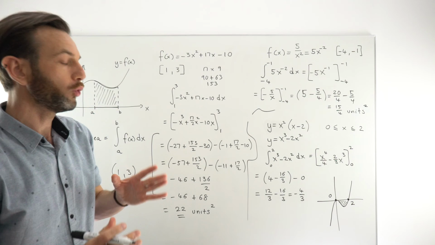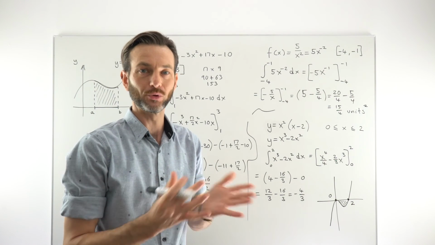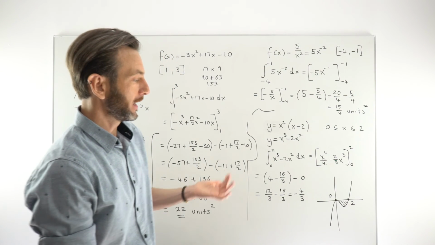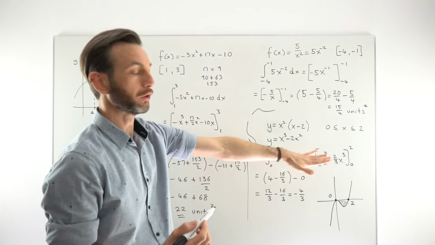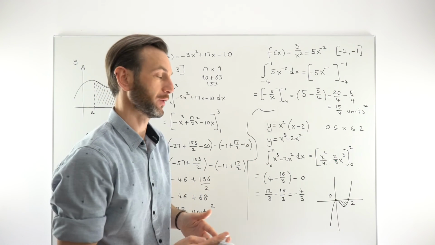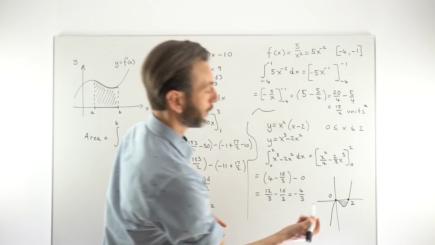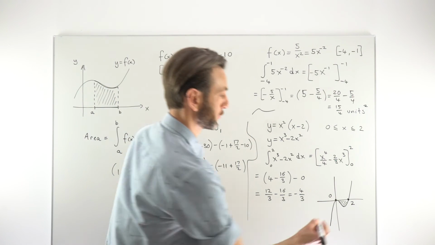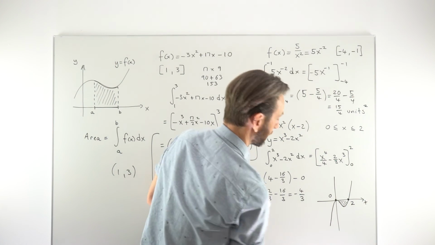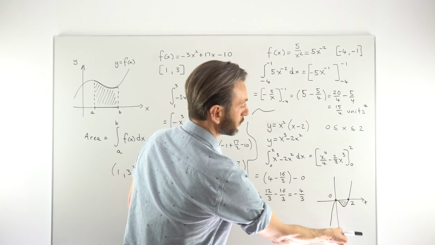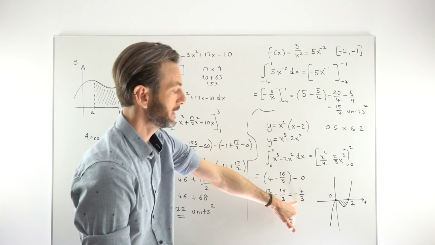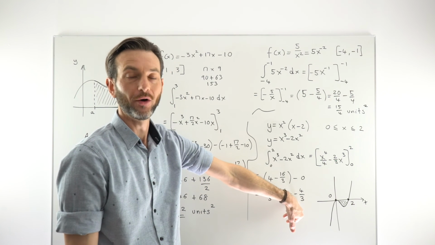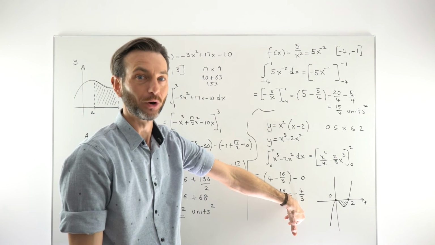So although we use these definite integrals to represent areas, they're sensitive to their location in the coordinate axis. So basically, if the part of the graph that you're interested in, like this one, is underneath the x-axis, remember, this is our x-axis here, obviously, if you're underneath, when you take the definite integral, it will evaluate to a negative number.